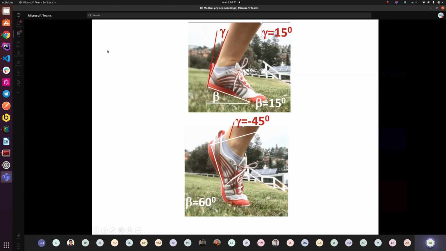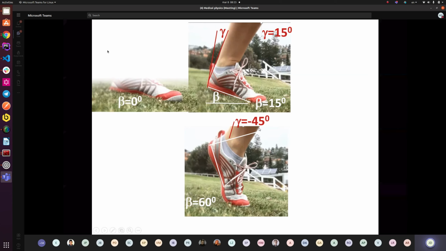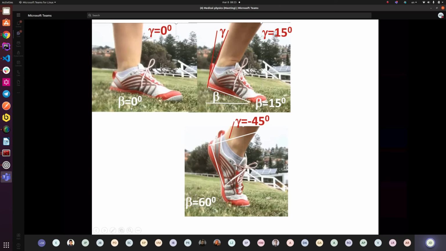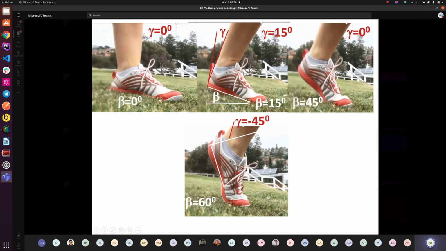For this one, we have 15, and here 15. And this is the opposite direction of gamma, so that is why 45 minus. And from this position, we have beta 0, gamma 0. So the deviation of the leg against the initial position is 0, and beta also is 0. So in this position, we have gamma around 0 and beta roughly 45.